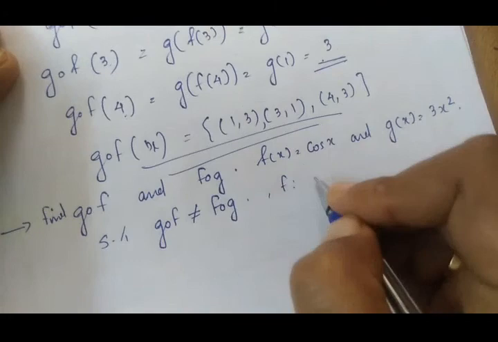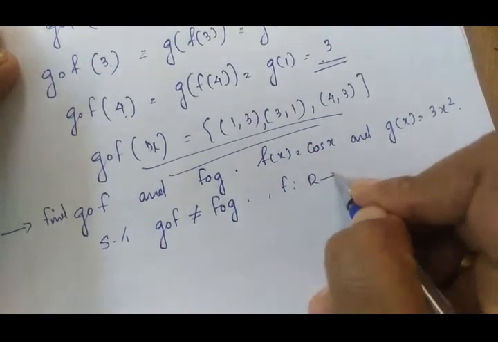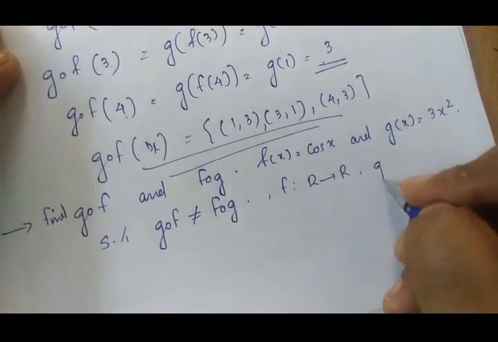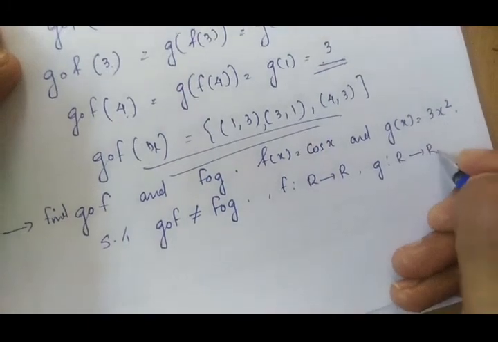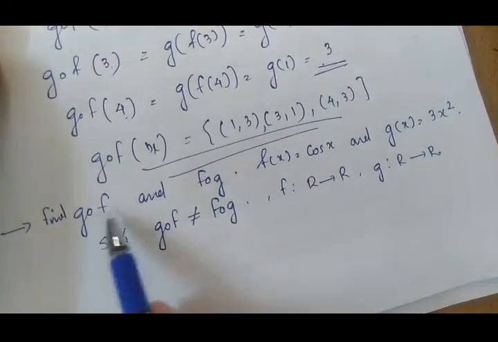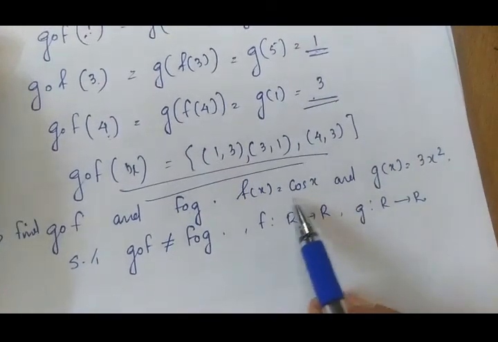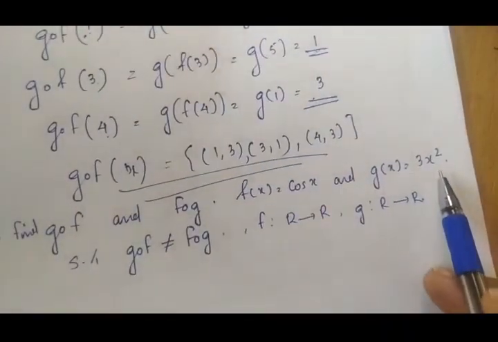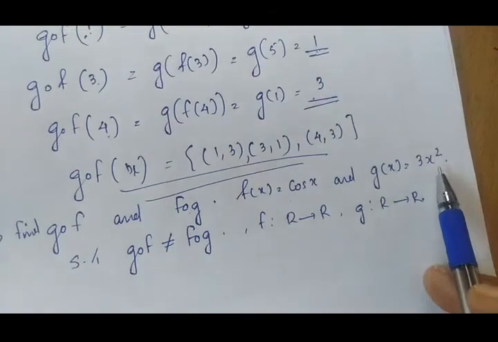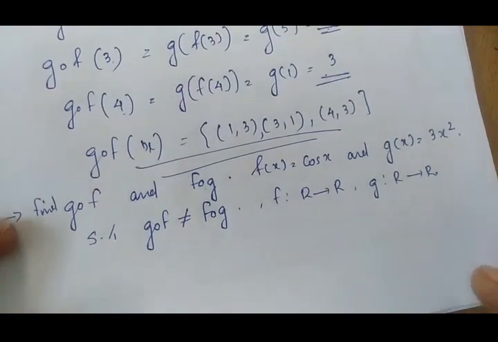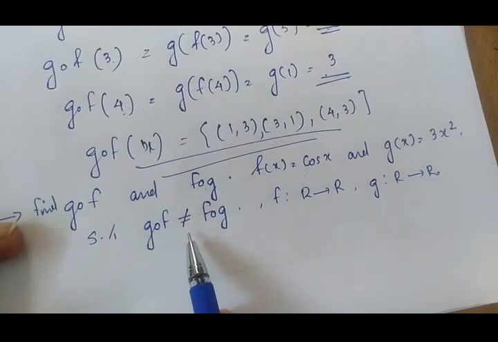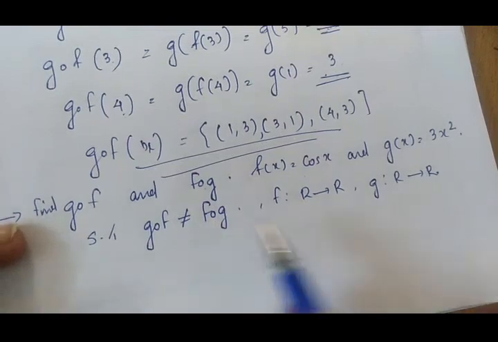Here f is defined from real numbers to real numbers, and g is also defined from real numbers to real numbers.